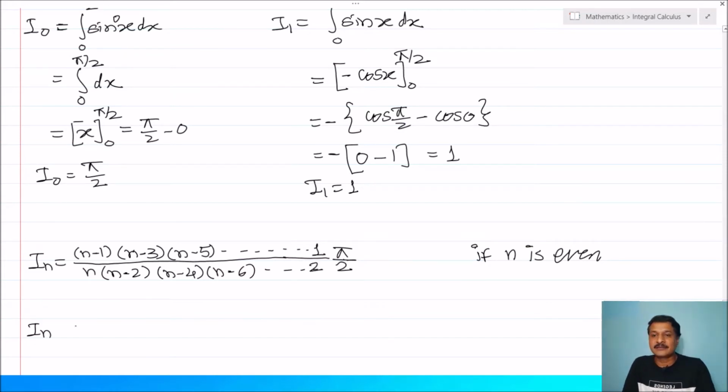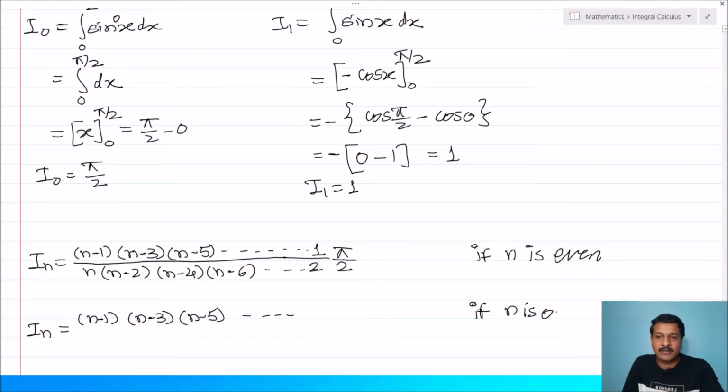Note the case. And if n is odd, then In equal to (n minus 1) into (n minus 3) into (n minus 5) dot dot dot. Since n is odd now, odd minus 1 is an even number, so these numbers are even.